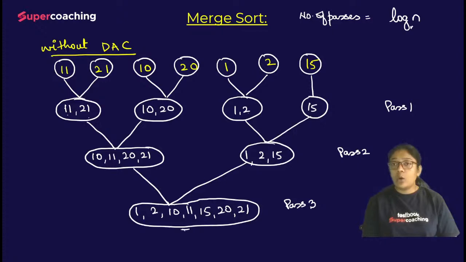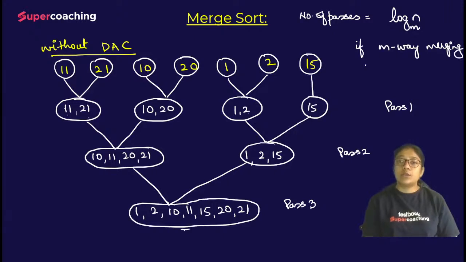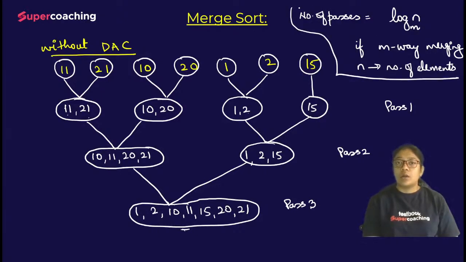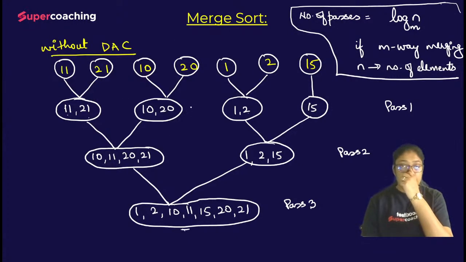So it will be log base m if it is m-way merging, and n represents the number of elements. With this we have discussed the solution with two-way merging. Is this clear?